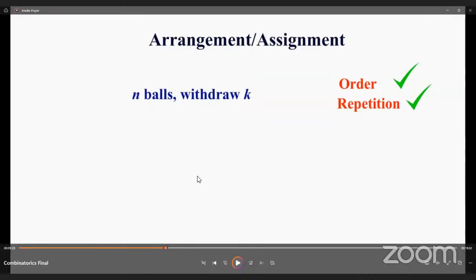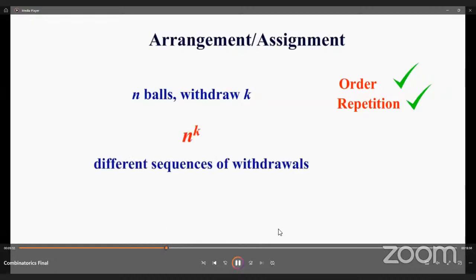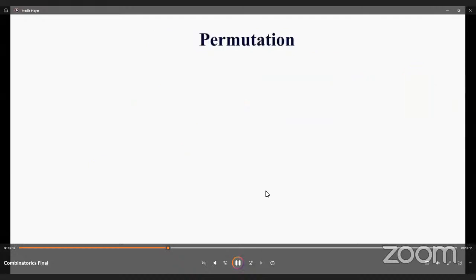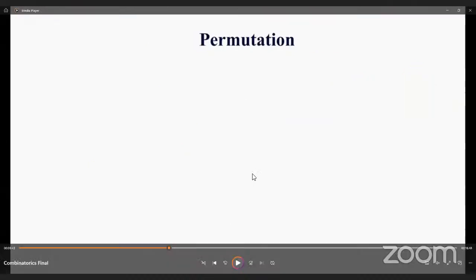Yeah, n to the power k. So that's n to the power k different sequences of withdrawal. Okay, any question about this?